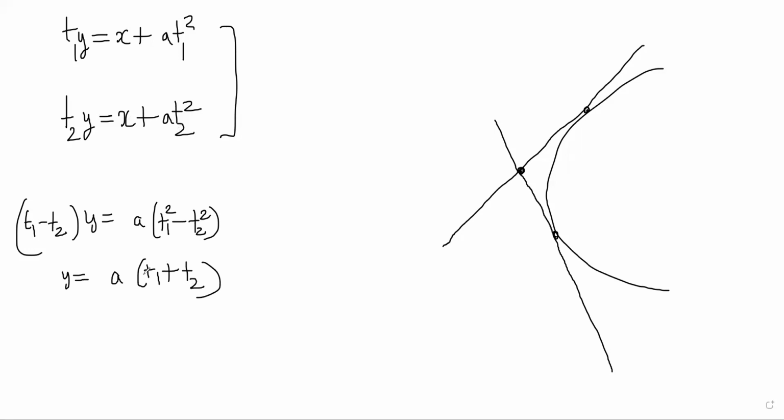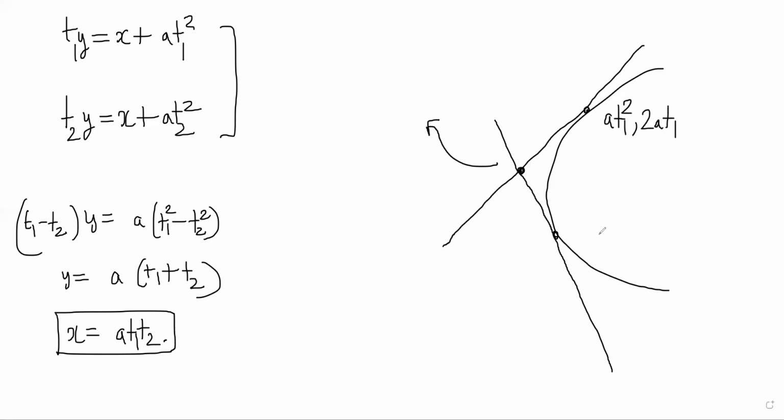And if you put that in this equation, you will get x is equal to a t1 t2. You can check that. So the point of intersection of tangents at a t1 square comma 2at1 and a t2 square comma 2at2 comes out to be a t1 t2 comma a(t1 plus t2).